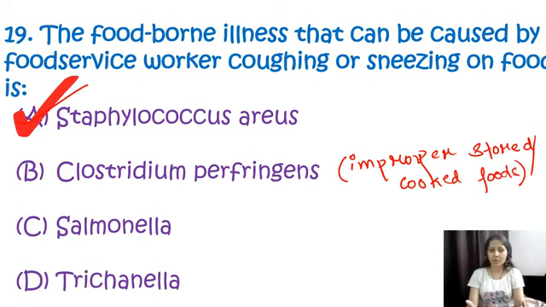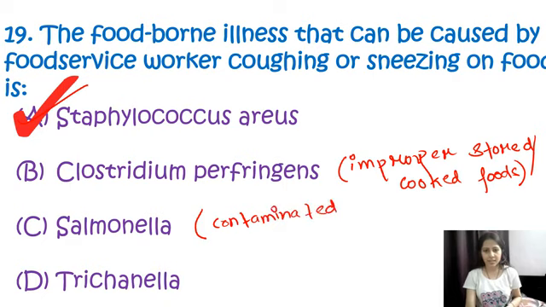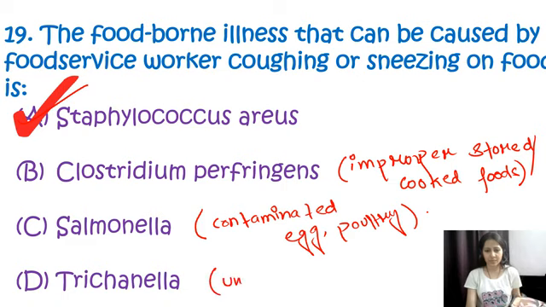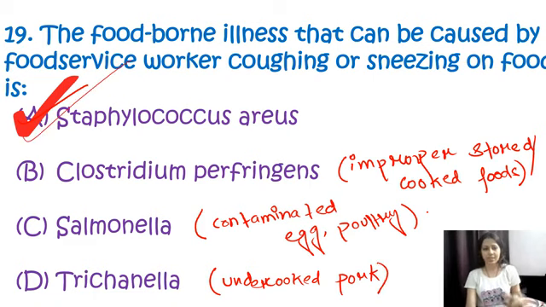Whereas Salmonella is related with the contamination of foods such as eggs, poultry, unpasteurized milk. Whereas Trichinella is with undercooked pork or wild game. Sneezing and coughing is not associated with this. So over here correct option is A, that is Staphylococcus aureus.